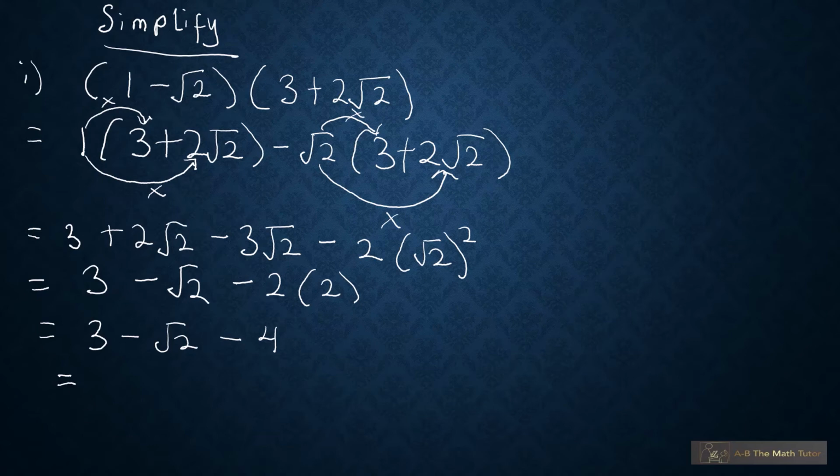So we have 3 minus 4 minus root 2. 3 minus 4 is negative 1. And you have negative root 2.